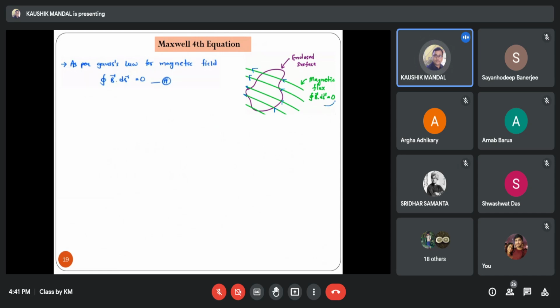So what will be the total flux? The total flux through this closed surface will be the integral of B dot ds equal to 0.